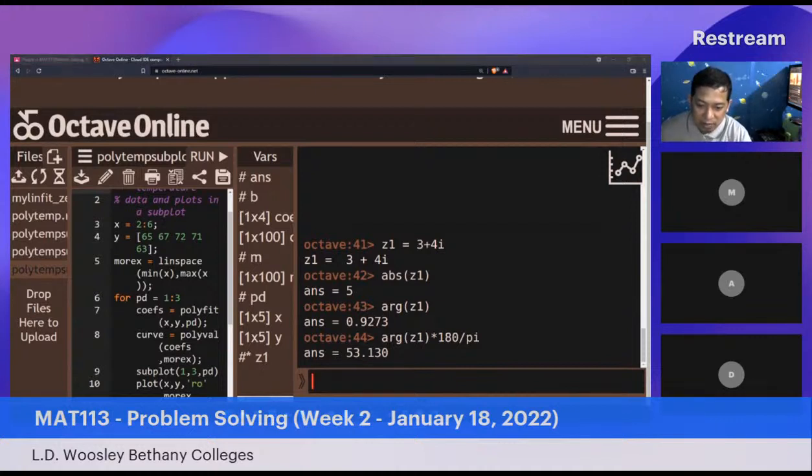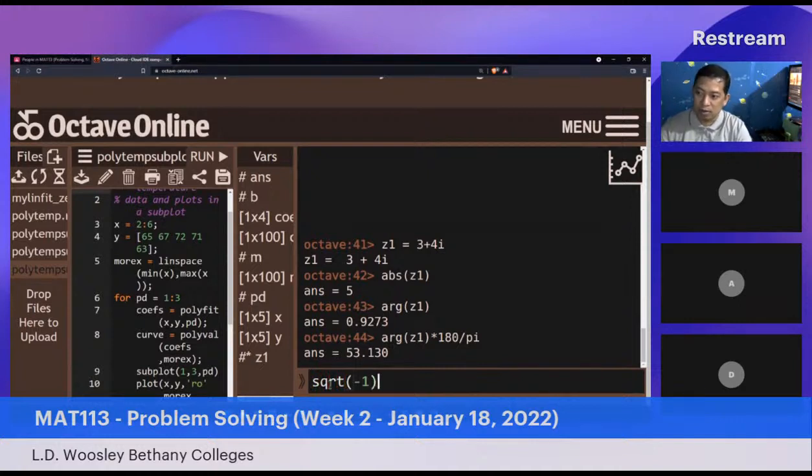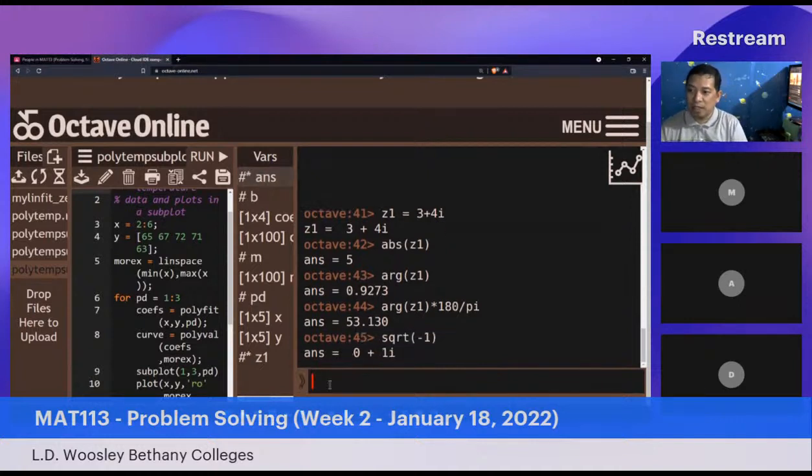Of course, we know that the imaginary unit comes from the square root of -1. Everybody knows that, that's i. We have a real part and an imaginary part; here 0 is the real part and i, or 1i, is the imaginary part.